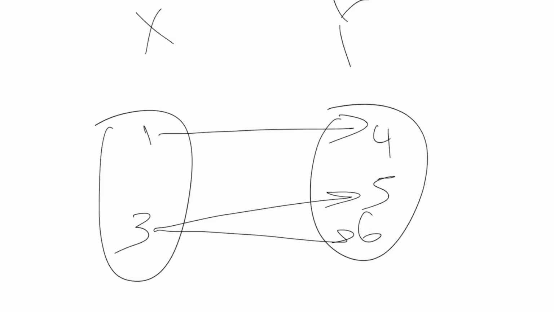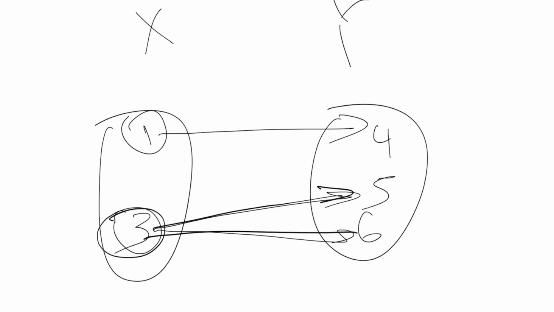Just neglect this 2 over here. Let's say this is our relation. Is it a function? No, because essentially the function has to have its inputs mapped to no more than 1 output, while here we have an input that's mapped to more than 1 output.